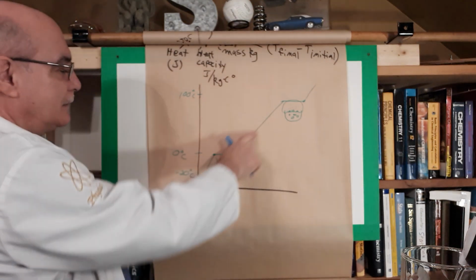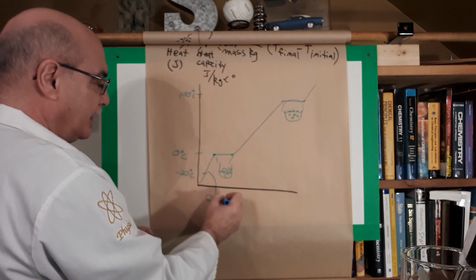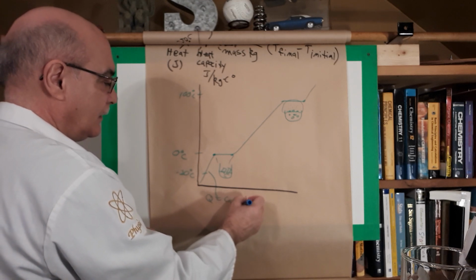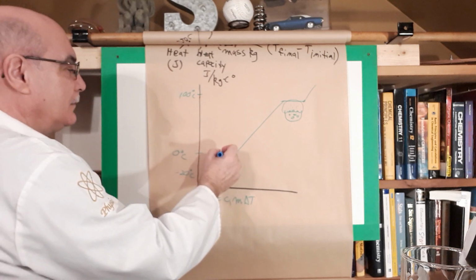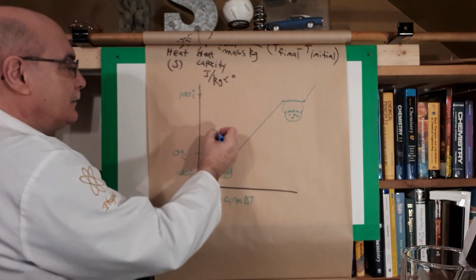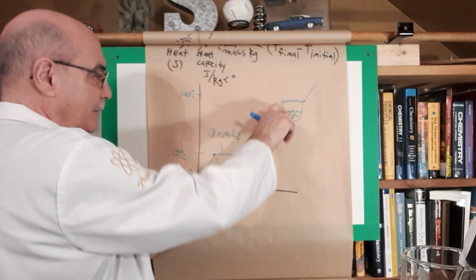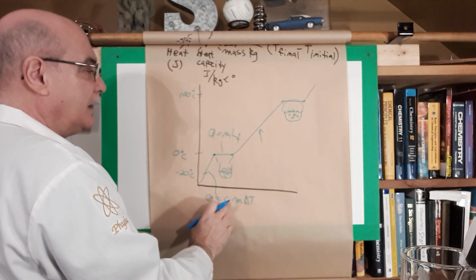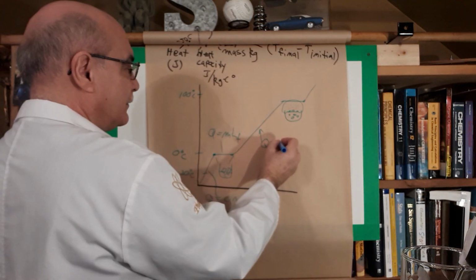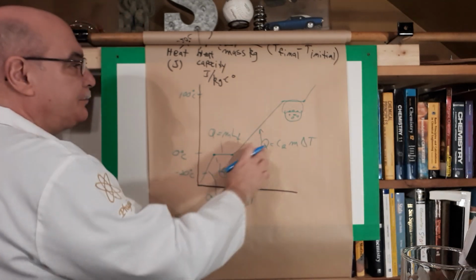And the equations, as I said earlier, this one, Q equals C1 M change in temperature. For this one, Q is heat, mass times latent heat of fusion. And for this slope, same equation as this one, different value of C, C2 M change in temperature.